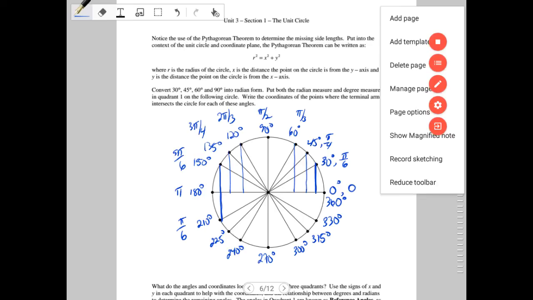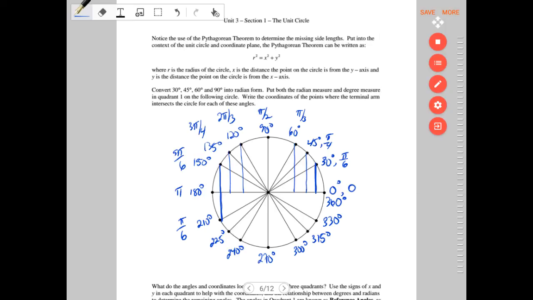Okay, then 225 is 45 degrees below the x-axis, so that's going to have to be a pi over 4. 240 is a 60 degree, so that's going to be a pi over 3. 270 is opposite the 90, so that's going to be a pi over 2. Okay, this guy is a 60 degree, so that's going to be a pi over 3.